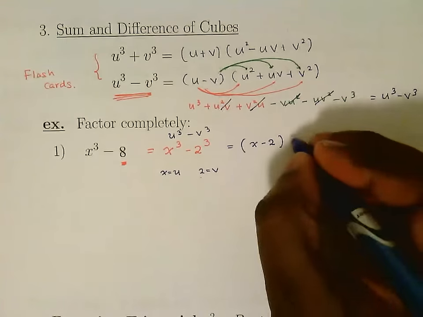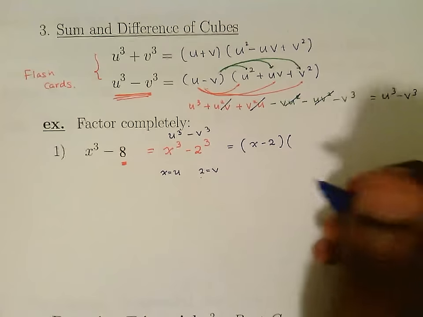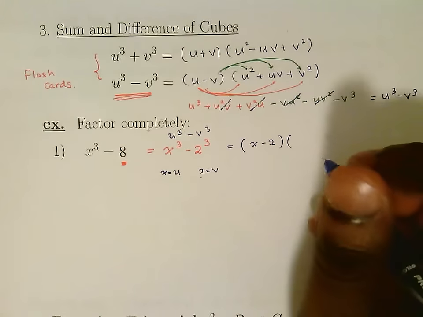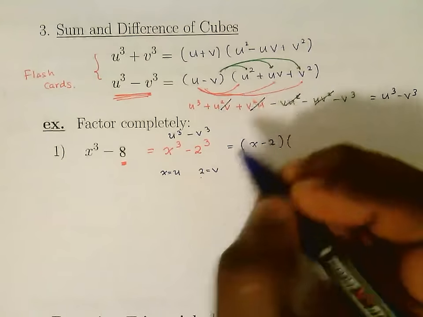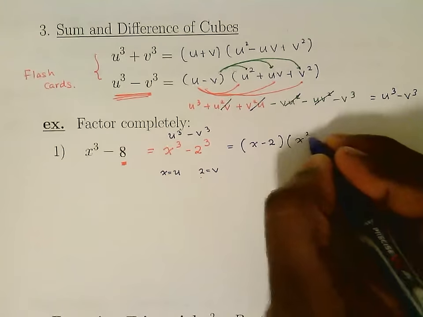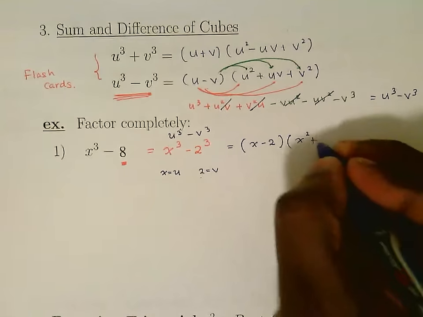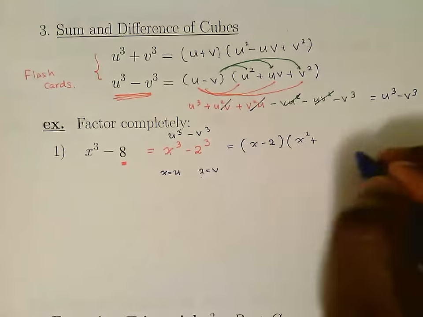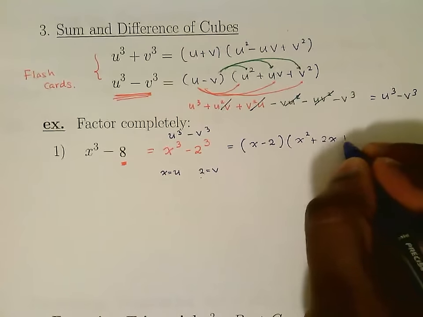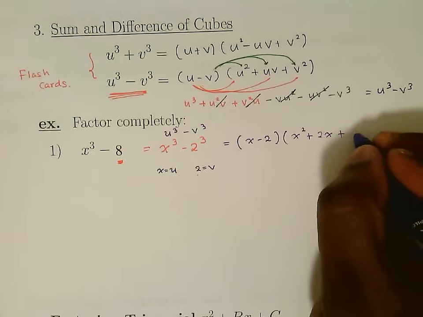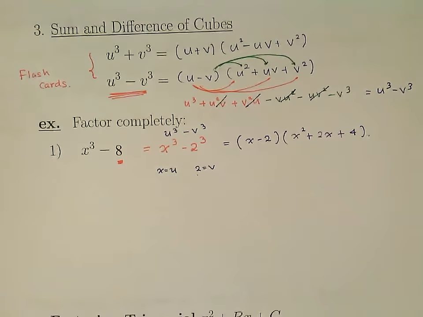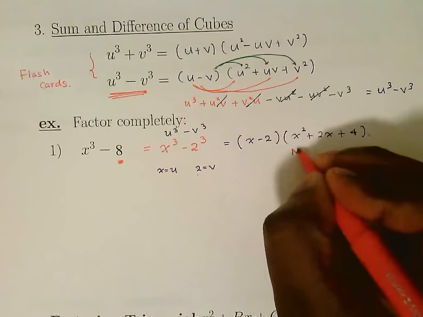And in the second parenthesis, you get u squared, which is x squared, plus uv, which is 2 times x, plus v squared, which is 2 squared, which is 4. And that's how you factor it. Also you need to notice that this will never factor anymore.